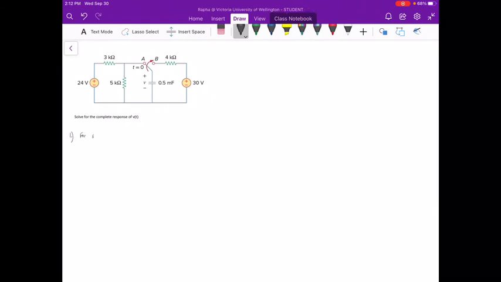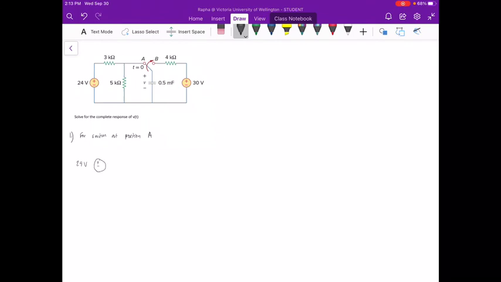So for the switch at position A, we can immediately recognize that we can neglect or discard the 4 kilo ohm resistor and the 30 volt branch. In order to clarify it, we need to redraw the diagram this way.